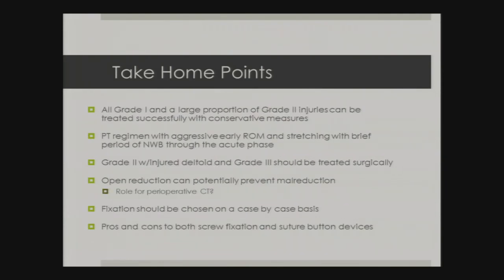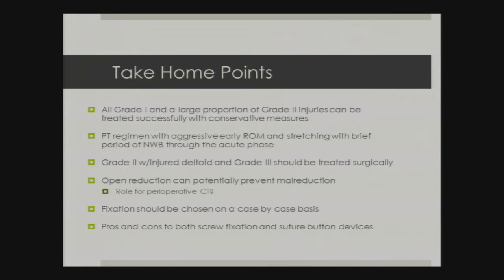I think all of the grade 1 and a large portion of grade 2 can be managed non-operatively with physical therapy. The thing that was stressed in the literature was the importance of early range of motion and stretching, and then strengthening exercises and proprioceptive training. Grade 2 injuries with deltoid injury specifically should be treated surgically, and all grade 3 injuries should be treated surgically.